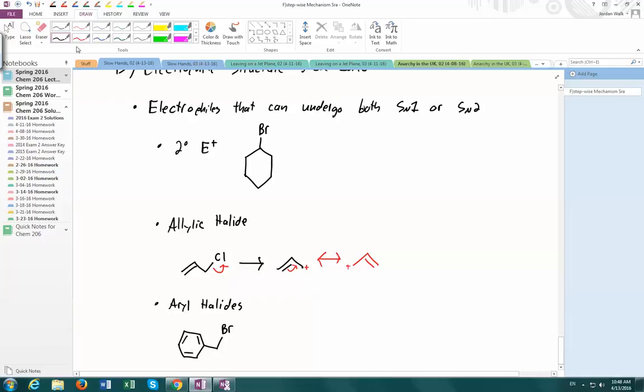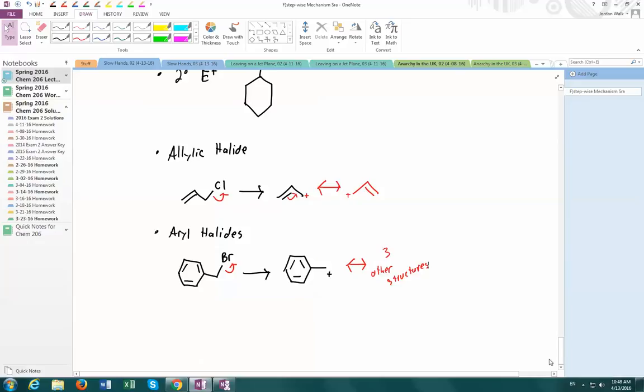In that case, again, if our bromide spontaneously leaves, what we'll end up with is this carbocation, which can undergo resonance, and we'll just say 3 other structures. I'll let you draw those out. All right, so there's 3 possible resonance structures. Again, what we have is a primary carbocation, but that's going to be resonance stabilized, and so is stable enough to undergo an SN1 reaction.